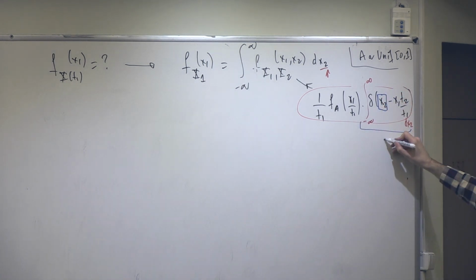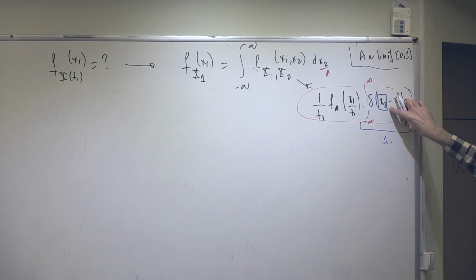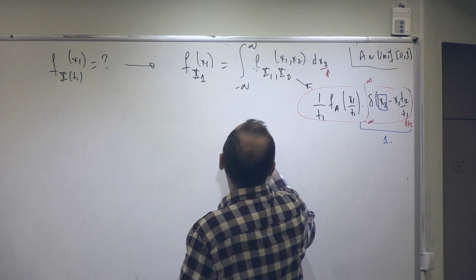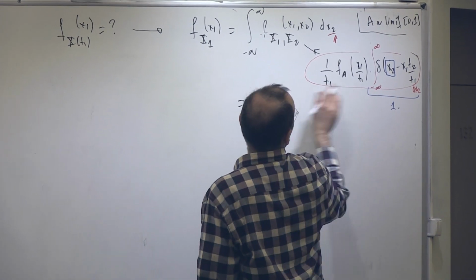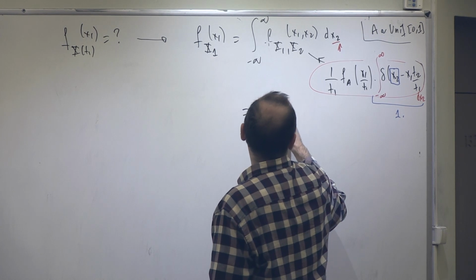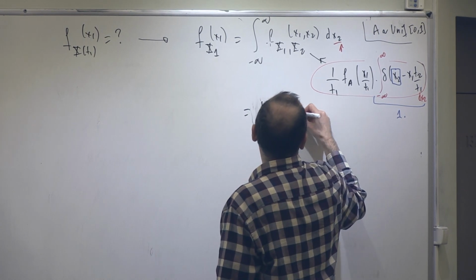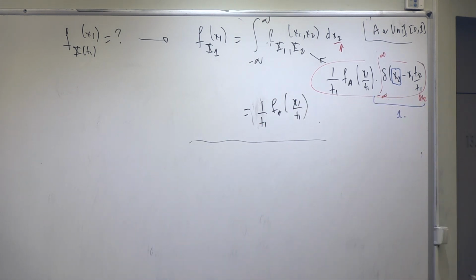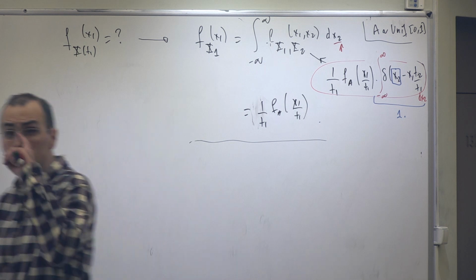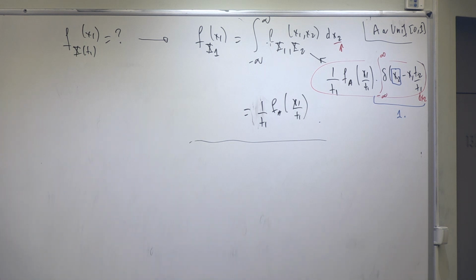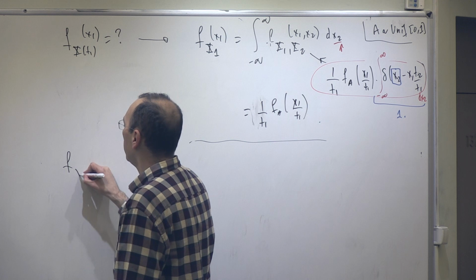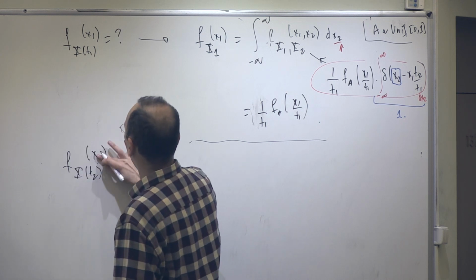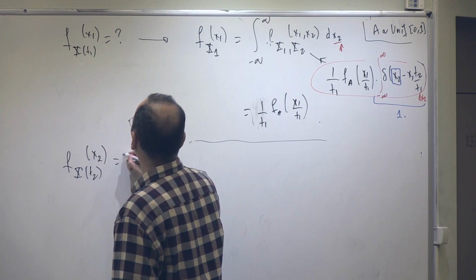So this will be equal to 1 at that fixed x2 value, and there is nothing else. So integration result is just this part, 1 over T1 f A x1 over T1. Okay, this is the end. That was easy. Okay, just be careful in the integration of this. Now let's look at the other one. So this is the second one.